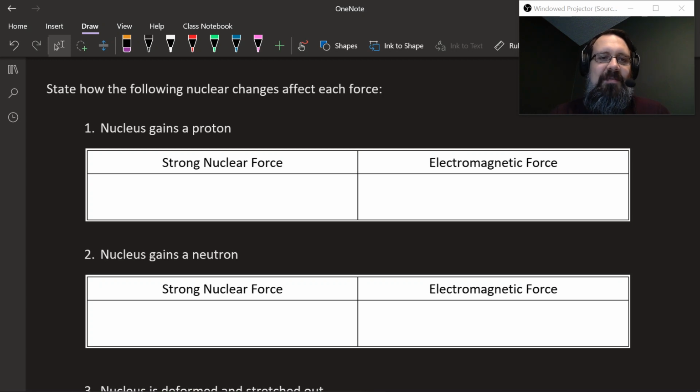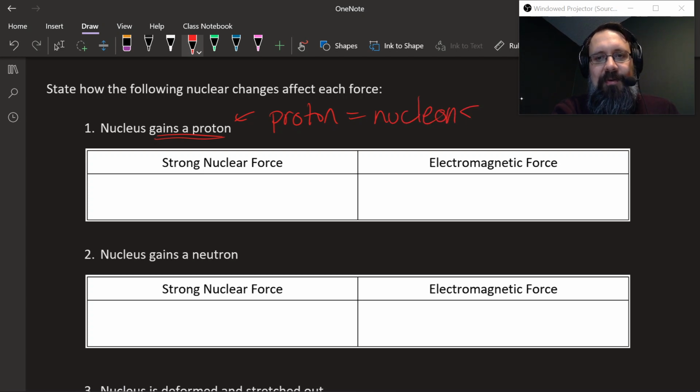What happens if the nucleus gains a proton? What will happen to the strong force? What do you guys think? Will the strong force get weaker, stronger, or no change? Stronger, yeah.